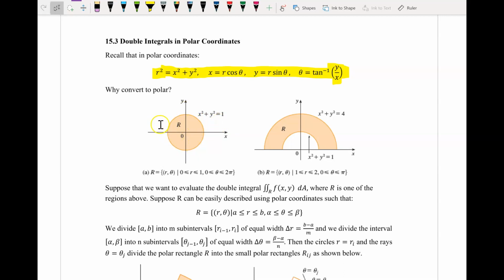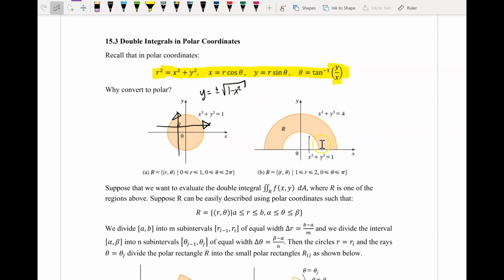Even if you wanted to do the opposite way, whether a case 1 or a case 2, it's still really hard, because if you solve for y, you get y equals plus or minus the square root of 1 minus x squared for this example. So dealing with these limits of integration can be really difficult, if not impossible.